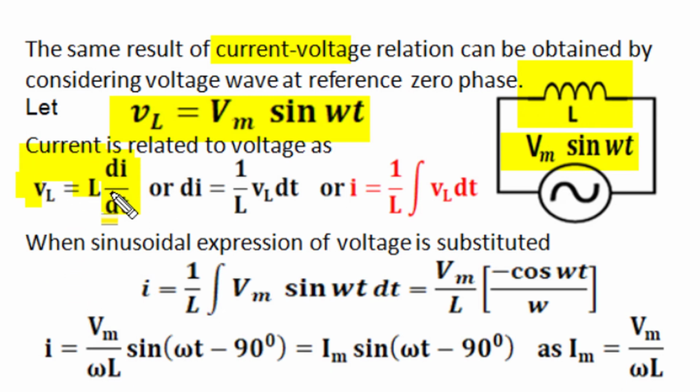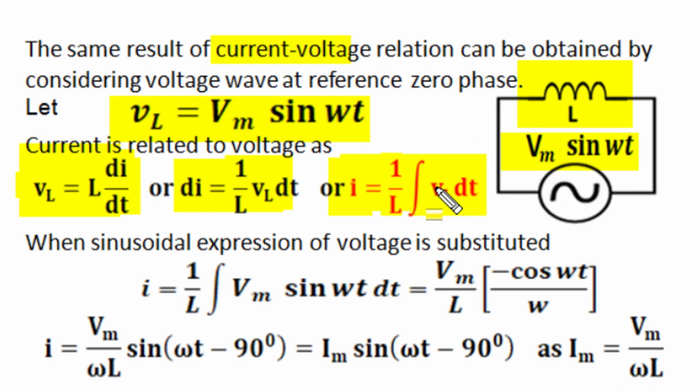This differential equation can be separated in terms of current as di equal to 1 by L VL dt, and by integration we can say the current flowing through an inductor is 1 by L times the integration of voltage across the inductor with respect to time.